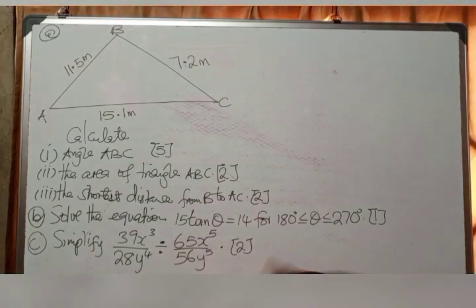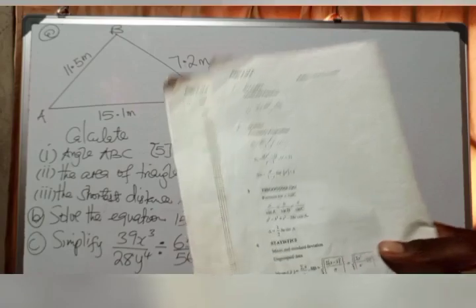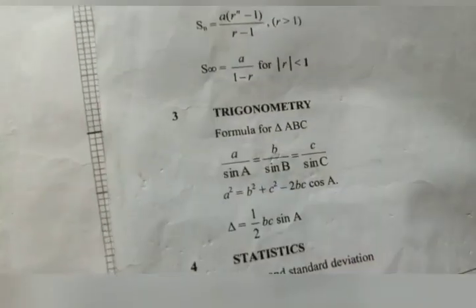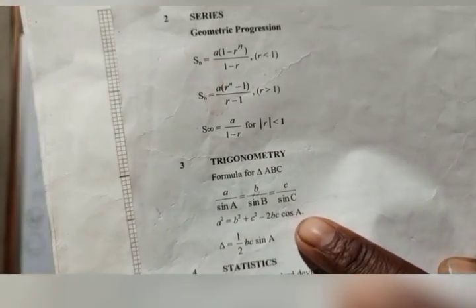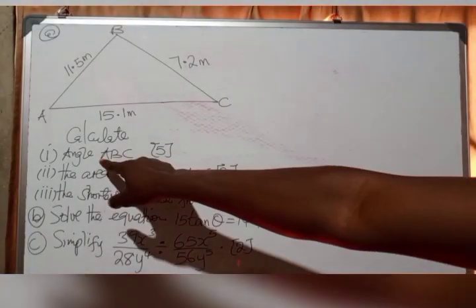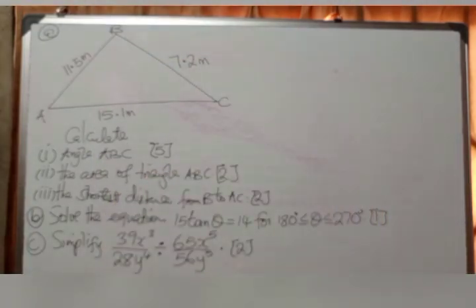If you get your past paper, or the paper you are given during your exams, the first page is the page for formulas. In this case, we have the formula under trigonometry. We are going to pick this formula, but make the cosine the subject of the formula. Since we are looking for angle ABC, we are going to make cos B the subject of the formula.